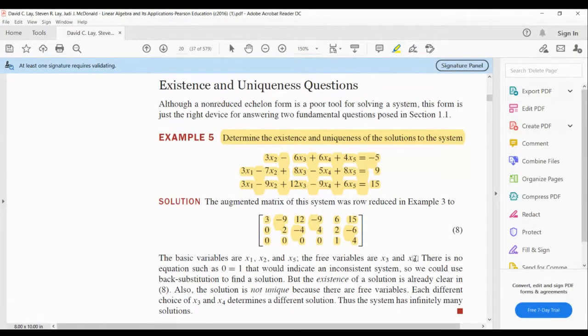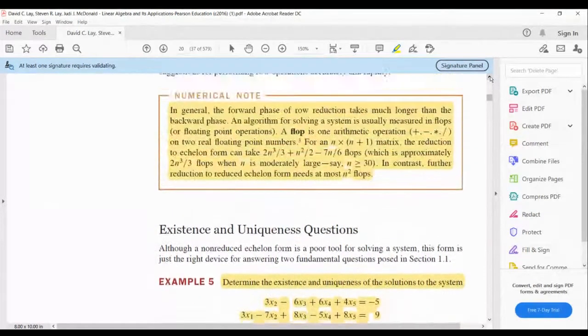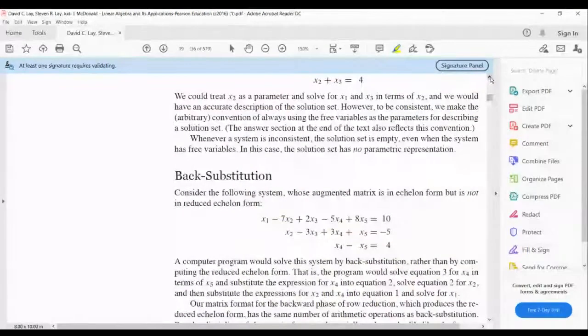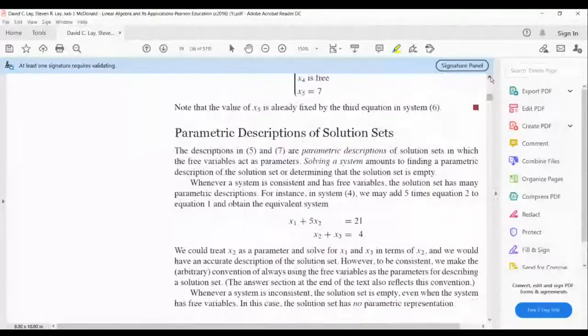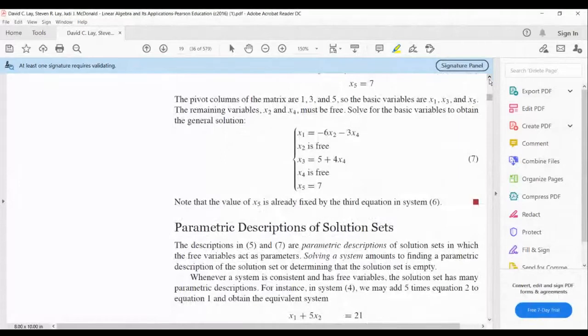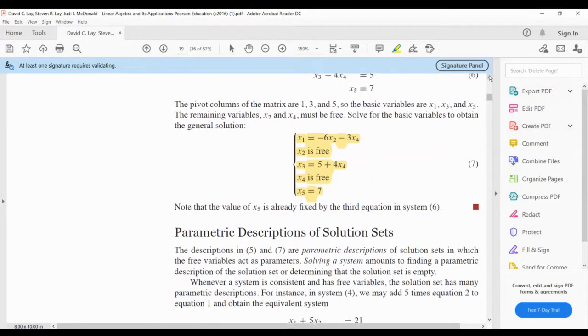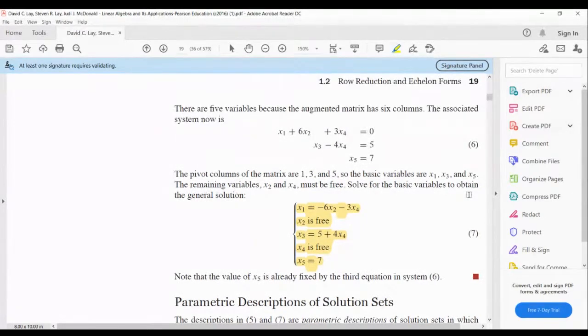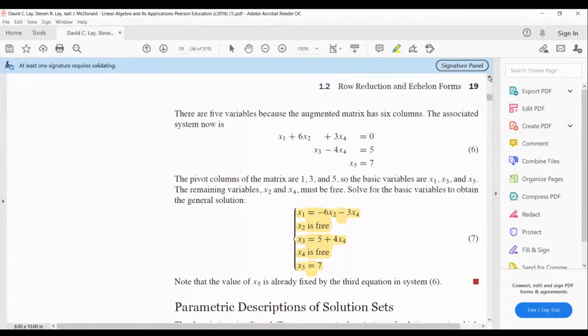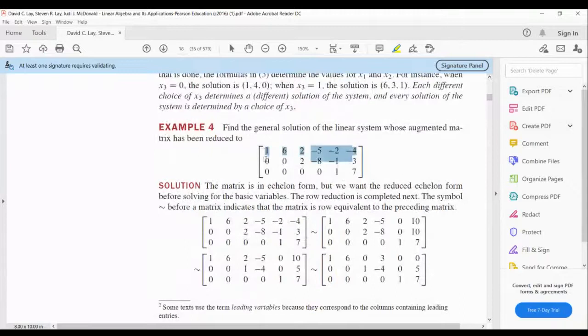If we go up here a little bit, I mean, we'll come back to this, but this is in example 4, they worked through a matrix. I think it was the exact one that we did, and they came up with this solution set. I want to be careful here. I probably need to go right to example 4.